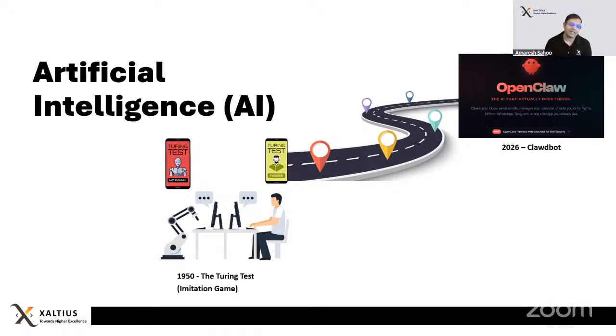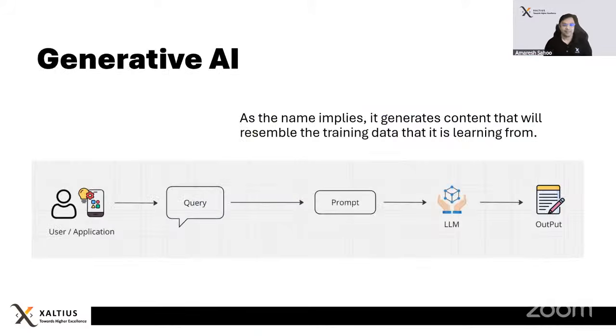Artificial intelligence, as we all know, is anything that mimics, duplicates or replaces human intelligence. And recently, AI has become a household name, a household thing in every aspect of our life, because of certain tools which we call generative AI tools.